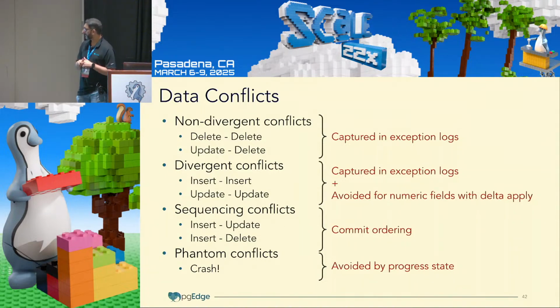Phantom conflicts are avoided because we're maintaining a progress state on the subscriber side to understand where we are in the context of the publisher. So that problem, if we crash before actually informing the publisher, can never happen because we know what to discard on this side.